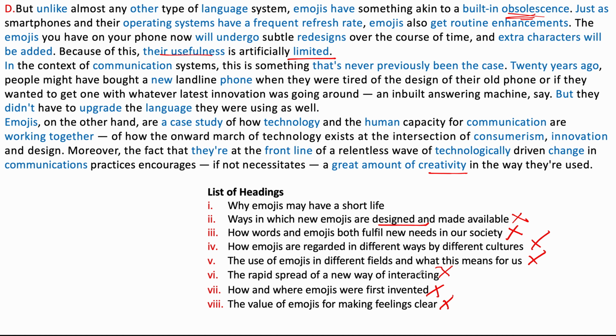It might lead to confusion, but the focus is on how long emojis can last and not their design. Where design is mentioned, it is about consumerism, innovation, design, not about design of emojis. Technology might make you think of rapid spread, but that is not what this section is about.